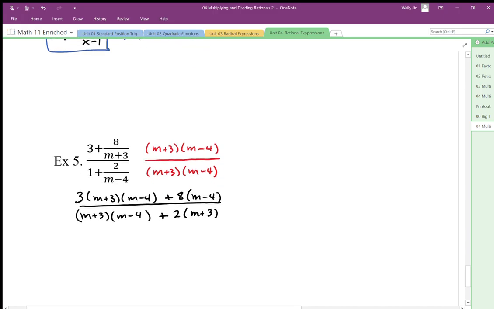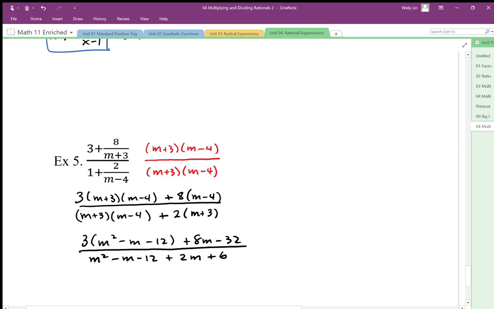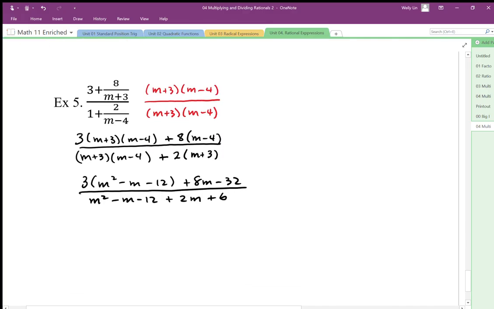Okay. Now we should expand and combine like terms. So here I'm going to end up with 3m squared minus 3m minus 36 plus 8m minus 32. This is going to be m squared minus m minus 12 plus 2m plus 6. Okay, then combine like terms.